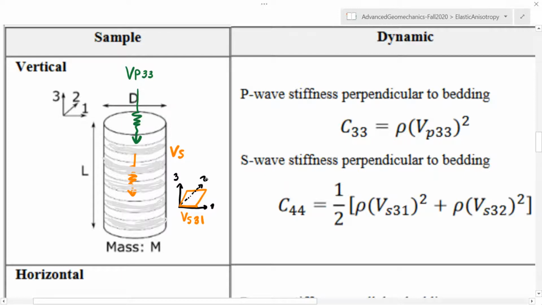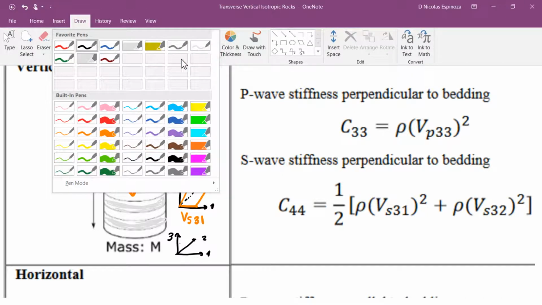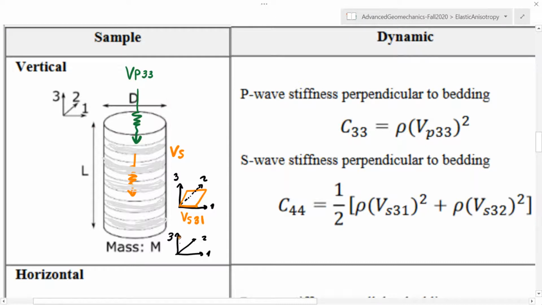If I had the same axis, but now I have a deformation in the plane 2, 3, then I will have the following. In the deformed configuration, this should look something like this.